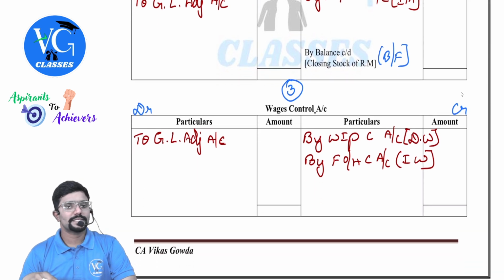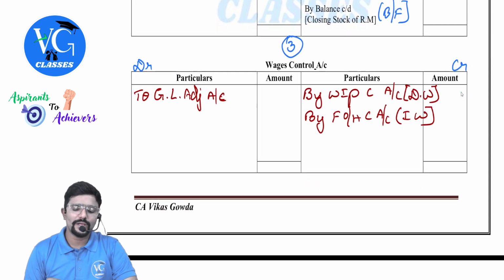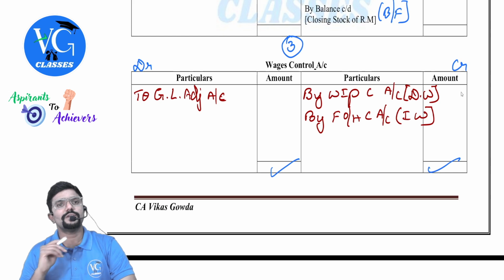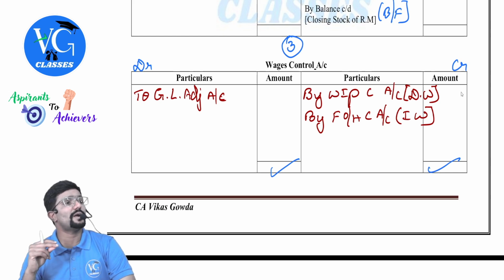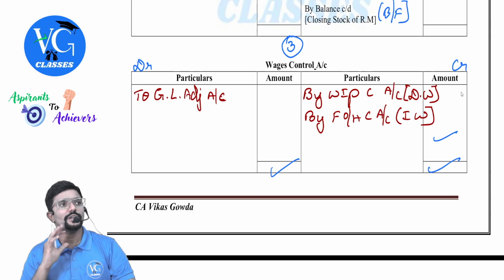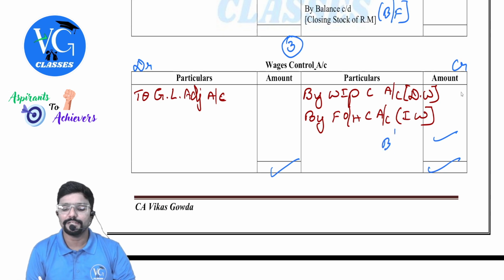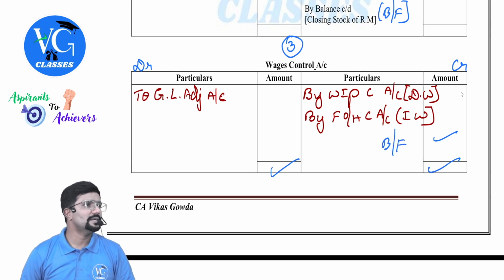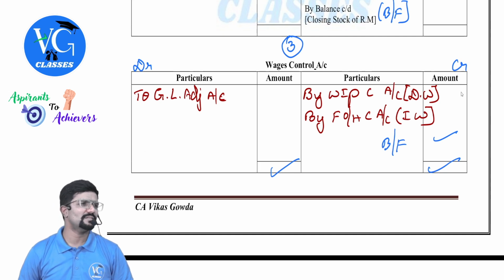Next, coming to the wages control account, normally this will match. Sir, if it is not matching, then what will the balancing figure be? Wages paid for abnormal idle time, which you transfer to the costing P&L account. If it is matching, no problem at all.